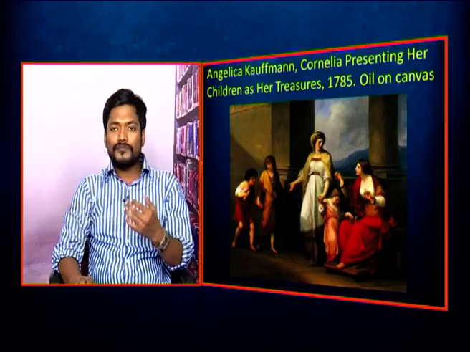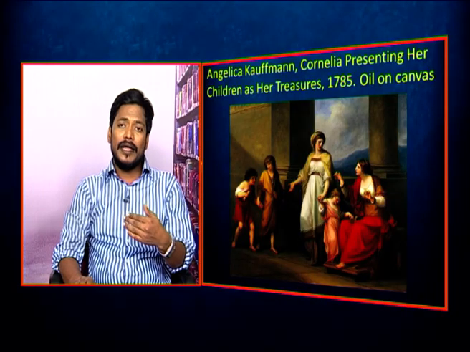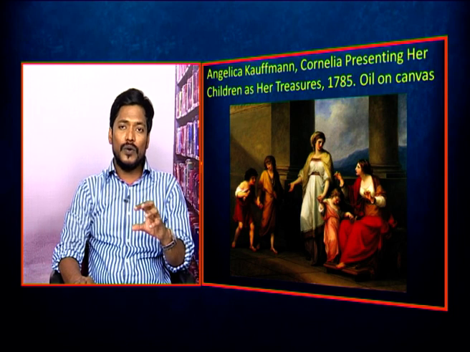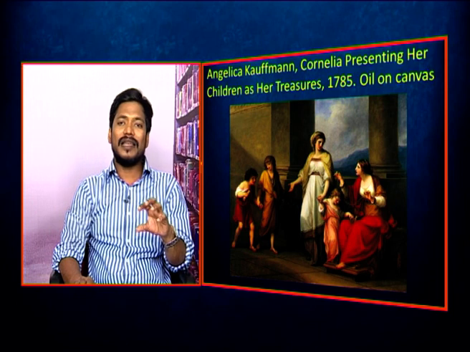So, the virtues of Greek classical antiquity, that civilization, was brought back and used to narrate in the paintings. And if you look at the way the figures are painted, the faces, the anatomy, and also the dress, the dress code is very much the dress code of classical antiquity.